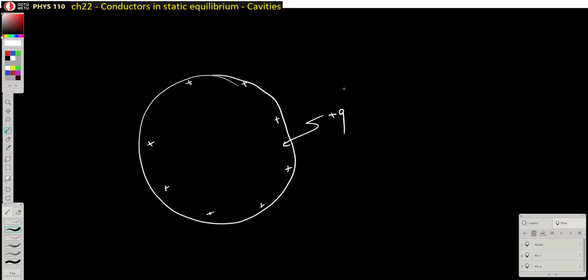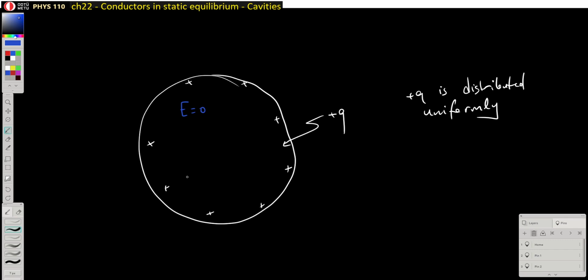How is that plus Q charge at the outer surface distributed? I know that because of the spherical symmetry, this has to be distributed uniformly. Because I know that this distribution should be in such a way that the electric field produced by that positive charge distribution at a point inside should be zero.